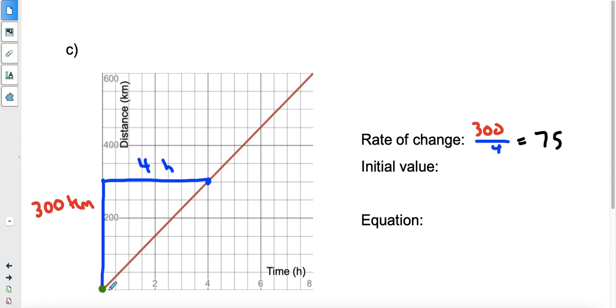So here it's going to start at 0, right? Because it starts at the very beginning. And now for the equation of the line, again, I'm just going to plug these values into my equation.